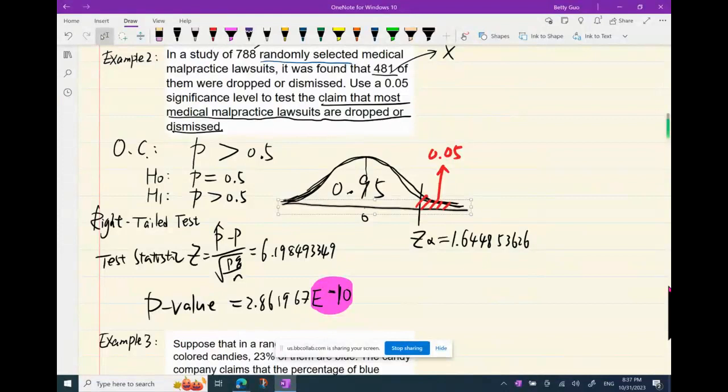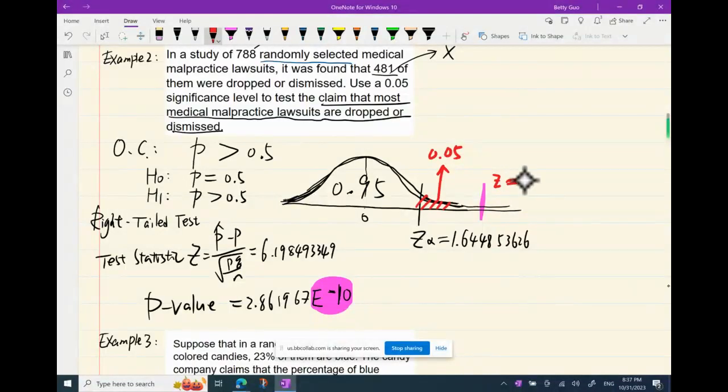If we use the critical region method, let's see where the test statistic falls. The test statistic is around 6.2, right? Oh, it's very, very big. This is the test statistic Z, 6.19849334.